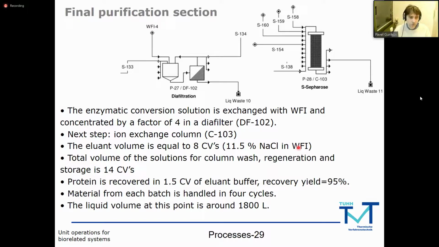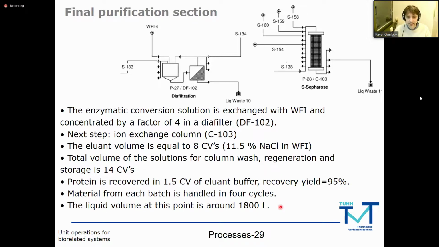We're talking about approximately 8 column volumes to get the product. We use an aqueous stationary phase, so we consume quite some amount of water, and at the same time we dilute our batch. So the liquid volume is still quite high.